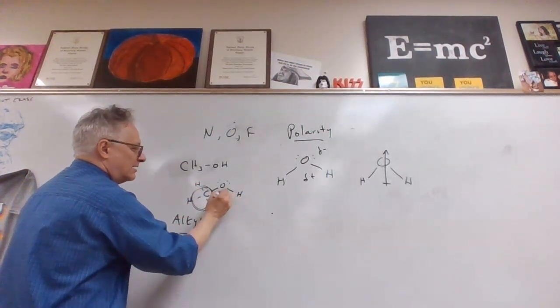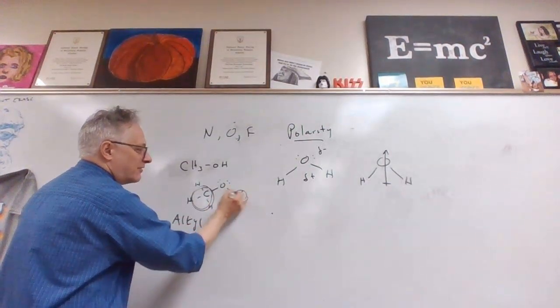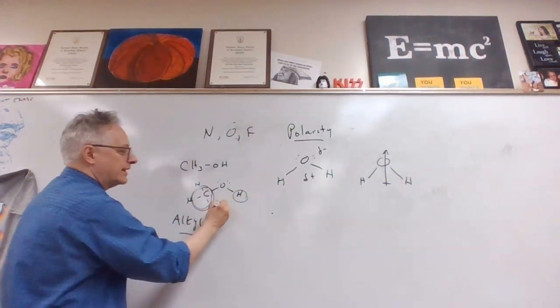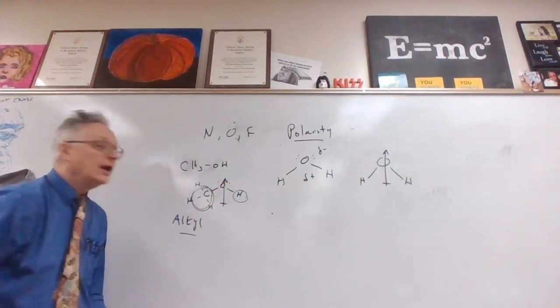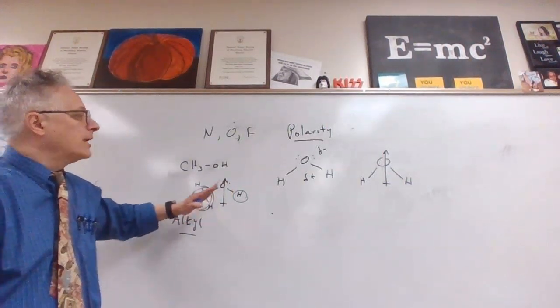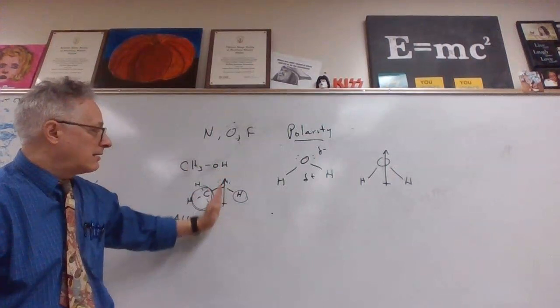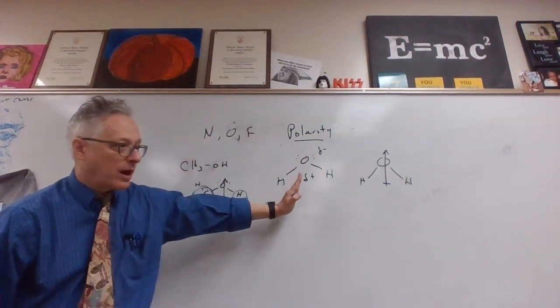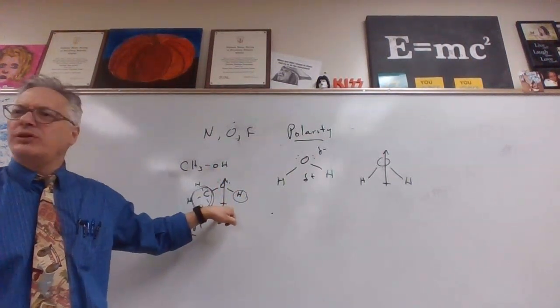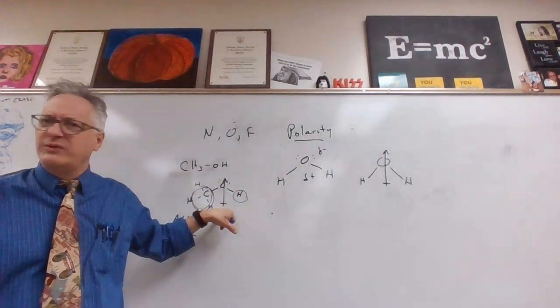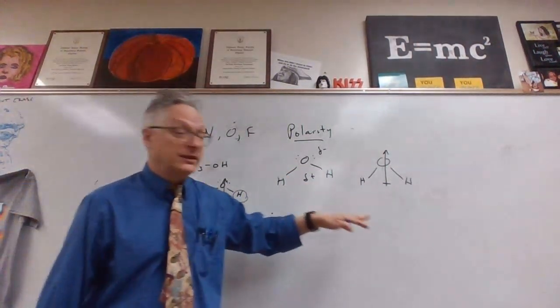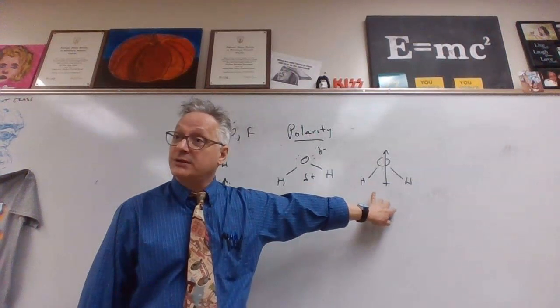Oxygen, however, is very electronegative, so it's going to have a dipole in that direction. It's not going to be as great a magnitude as water, but it still has a boiling point somewhere around 73 degrees Celsius. Water has a boiling point of 100 degrees.